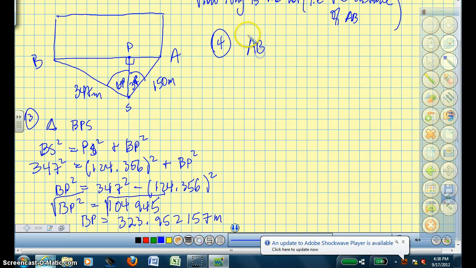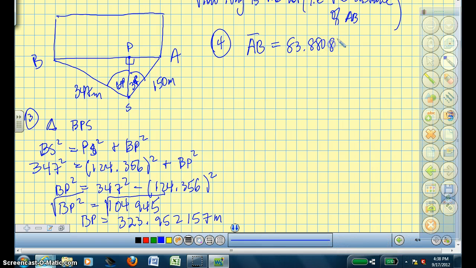So the length of AB is 83.8808679 plus 323.952157, and this ends up equaling approximately 408 meters.